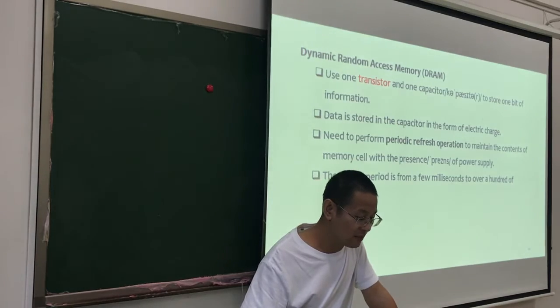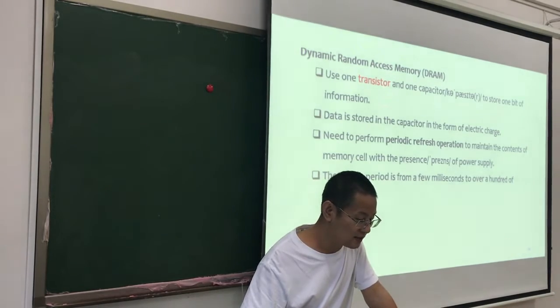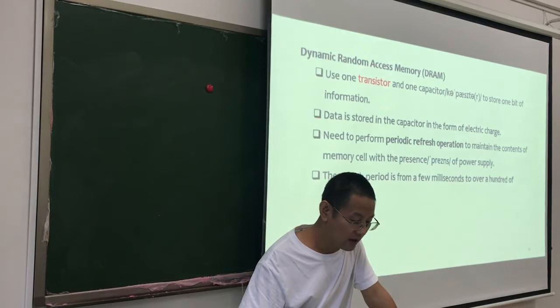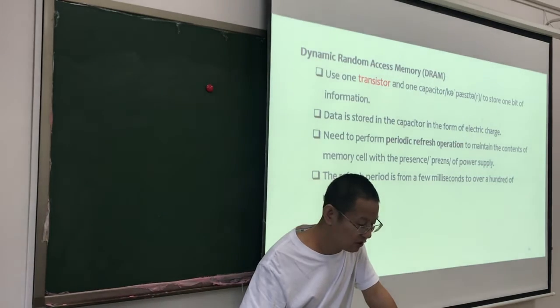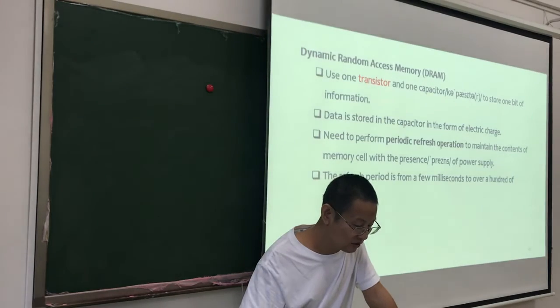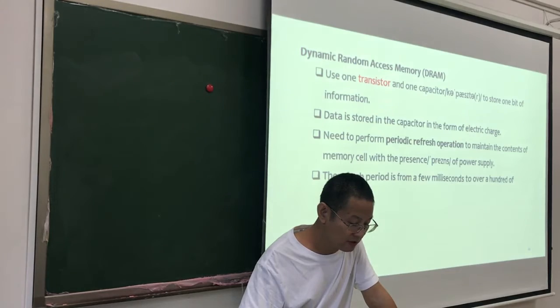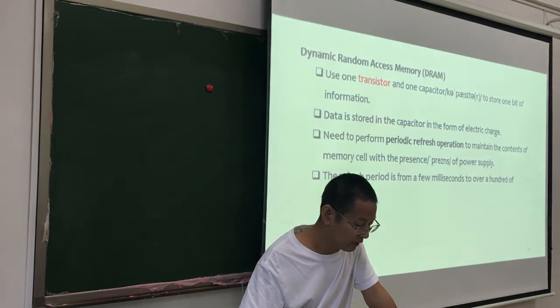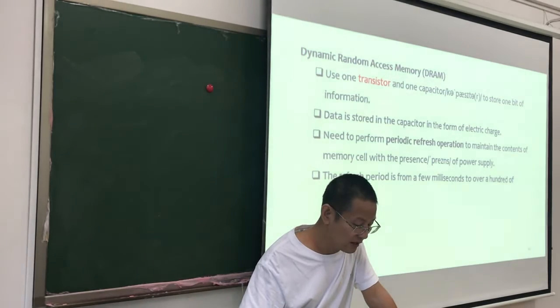Dynamic random access memory uses 1 transistor and 1 capacitor to store 1 bit of information. Data is stored in the capacitor in the form of electrical charge. A periodic refresh operation needs to be performed to maintain the contents of the memory cell, even with the presence of a power supply.